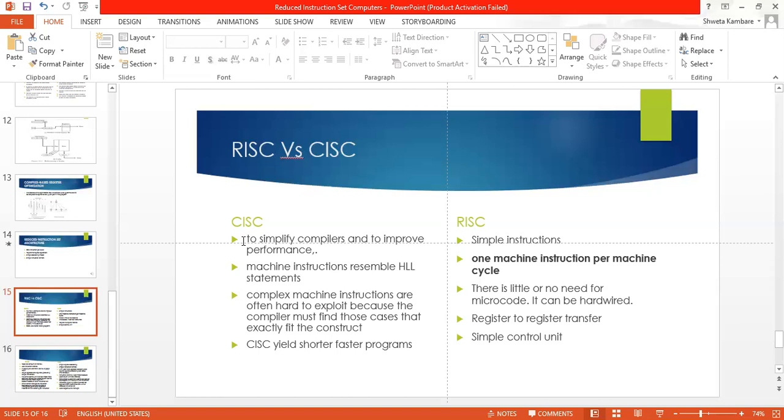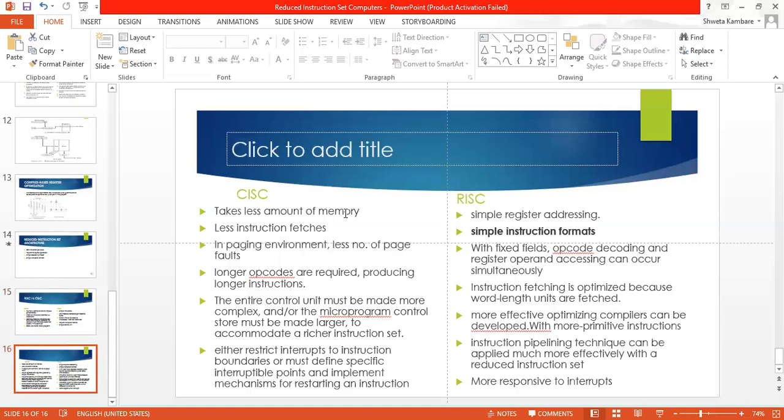As the number of instructions is less, the number of instruction fetches is going to be less, and it takes less memory. If you are getting the instruction from cache memory, as we talked about in the last lecture, then there will be fewer page faults, right? As your program is smaller, you have to fetch fewer instructions, and it will require less memory.